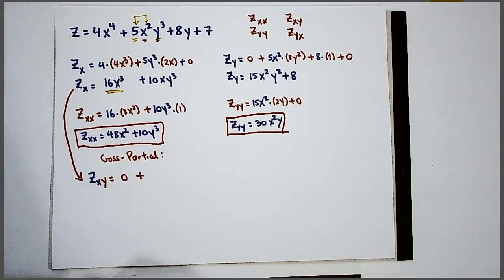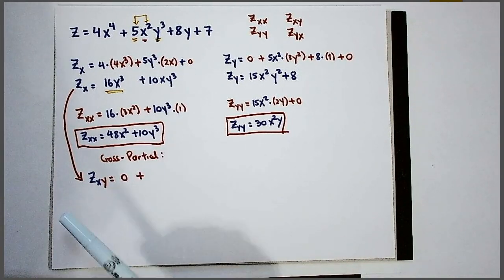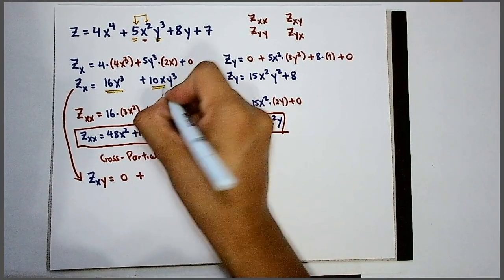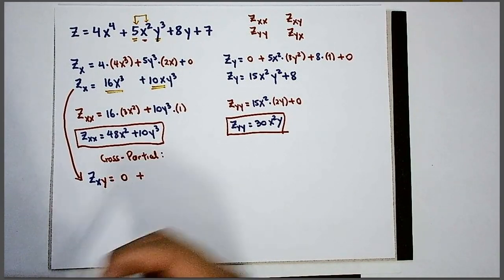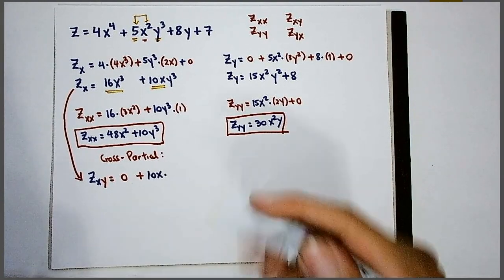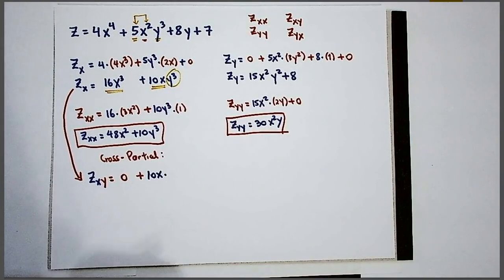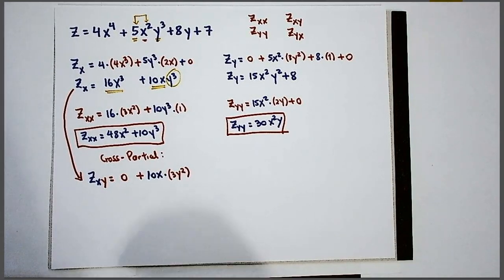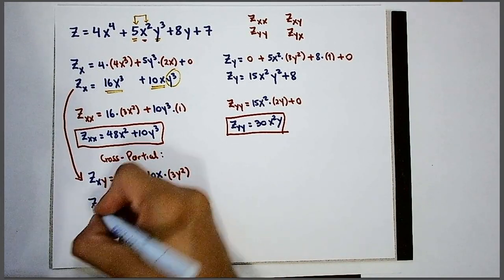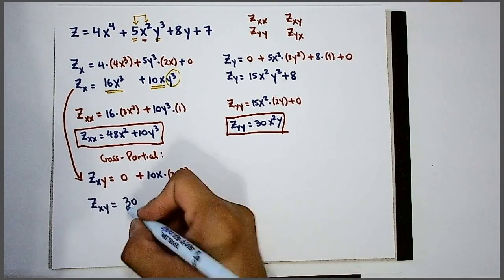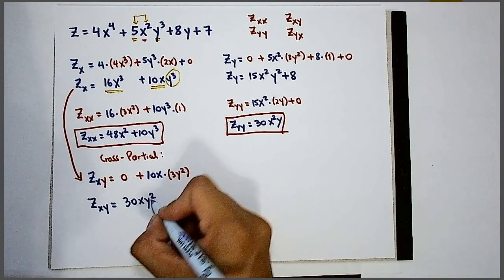Plus, notice that here, because we will take the derivative with respect to y, the constant part is 10x times the derivative of the variable part, which is 3y squared. This means that zxy is equal to 30xy squared.